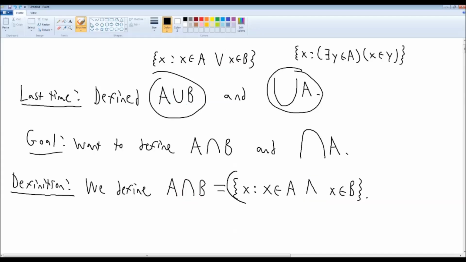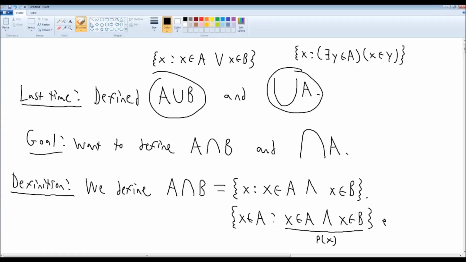Now you may be wondering, how do we know that this set even exists? Well, here's what we can do. We know that this set exists, the set of x in A such that x is in A and x is in B. You can make a set like this, the set of x in some set satisfying a certain property. We know that this exists by the axiom of separation, rather axiom schema of separation.